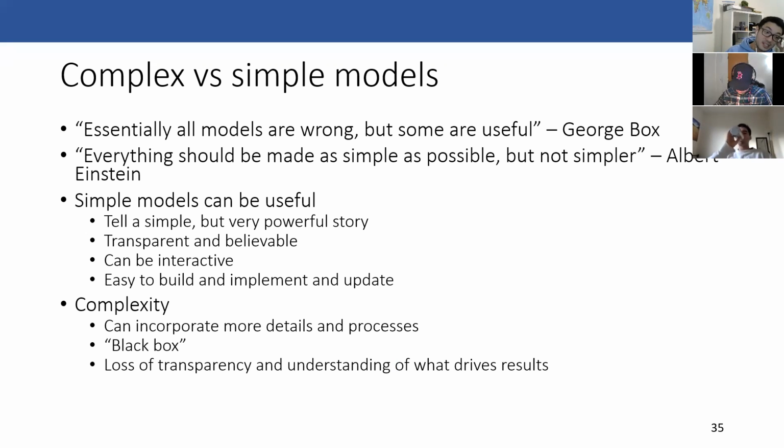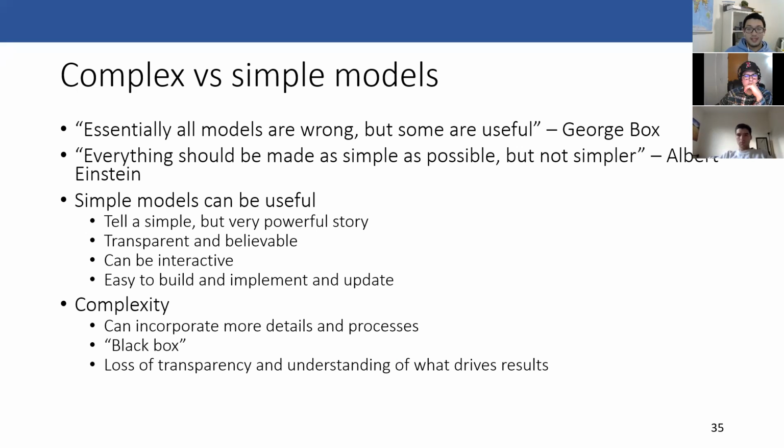Complex models are able to incorporate a lot more details and specific processes, and that can be a really good thing if you need those levels of detail. But the idea about transparency is really, I think, a crucial one, especially when you talk to policymakers and regulators.